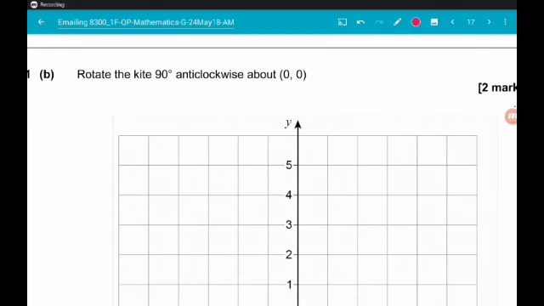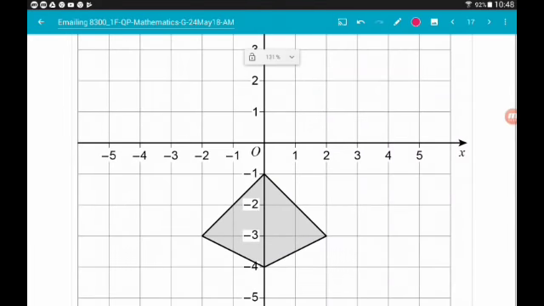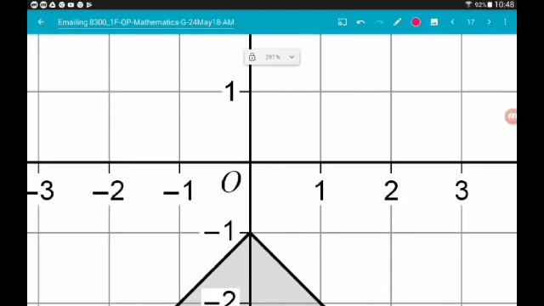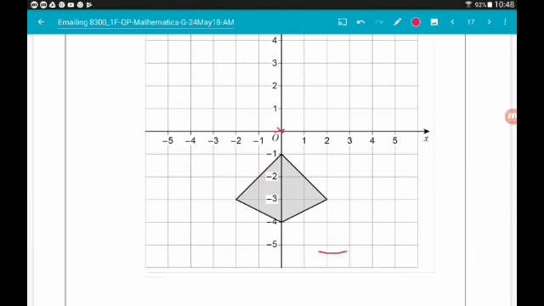B wants us to reflect a kite 90 degrees anti-clockwise about 0, 0. So here's our kite. 0, 0 is the origin, and anti-clockwise is that way around. So you can use tracing paper for this. Obviously, I can't really do that here.